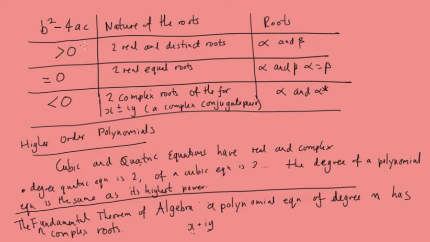So if you think about this situation, this is for a quadratic. So quadratic is n equals 2, so degree 2. We can see here, regardless of that equation, you're always going to find 2 roots.